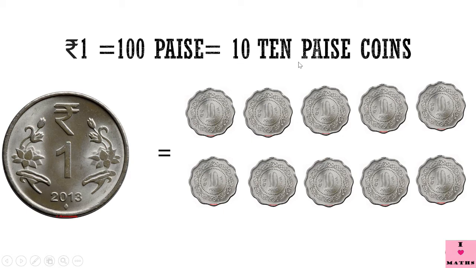So 10 paisa coins will make 100 paise. Let us see. 10 plus 10 is 20, plus 10 30, plus 10 40, plus 10 50, plus 10 60, plus 10 70, plus 10 80, plus 10 90, plus 10 100. So 10 paisa coins make 1 rupee.